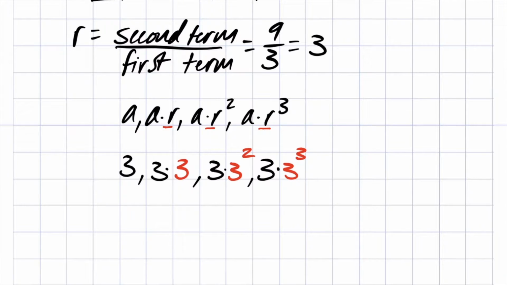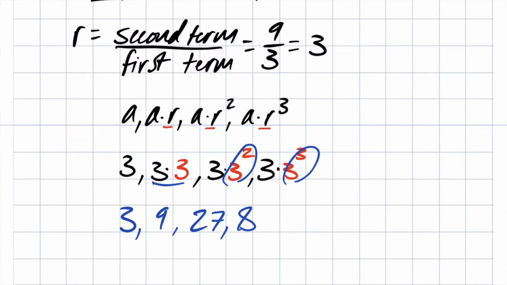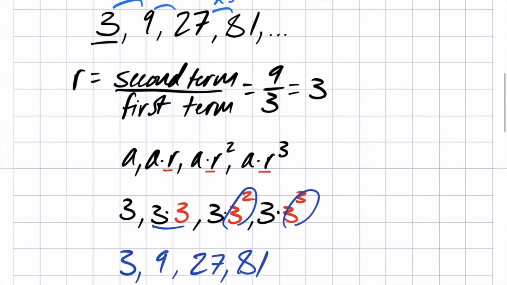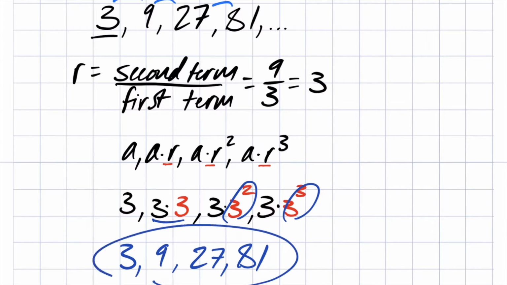Now we just do the math. 3 is just 3. 3 times 3 is 9. 3 squared is 9 times 3. 3 times 9 is 27. 27 times 3 is 81. You might want to check that 81, because I did it in my head and I'm not sure if it's right. But as you can see, this sequence here is the same as this sequence here.